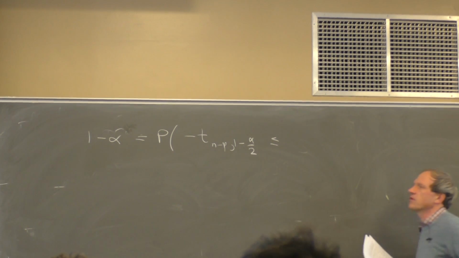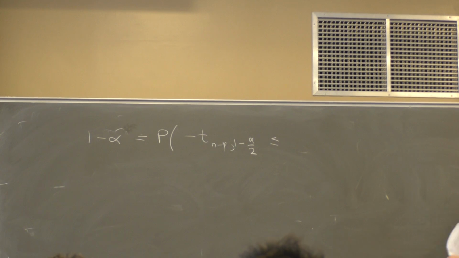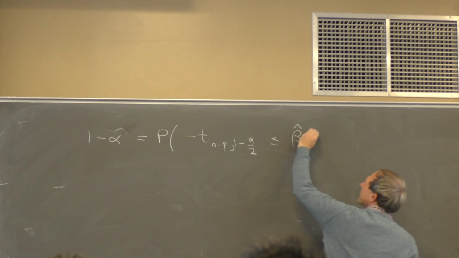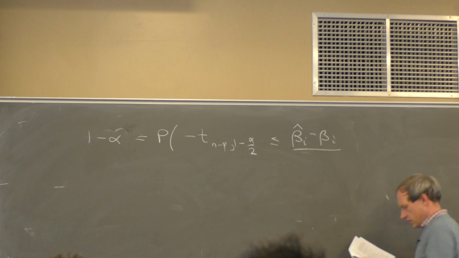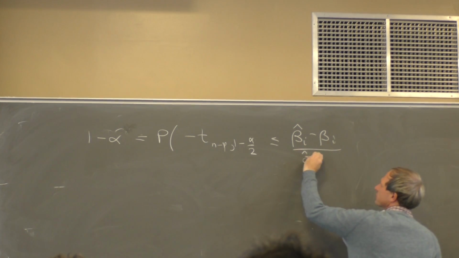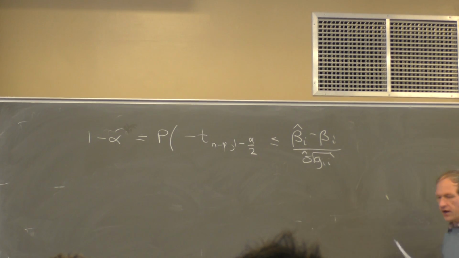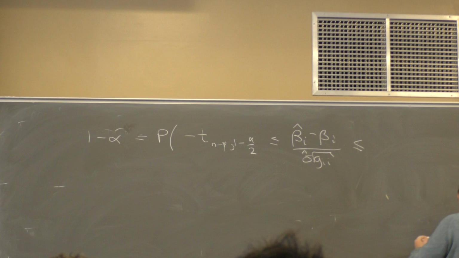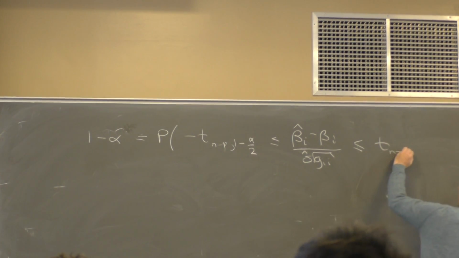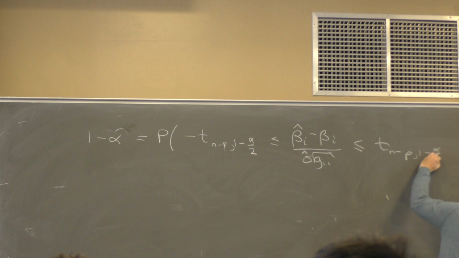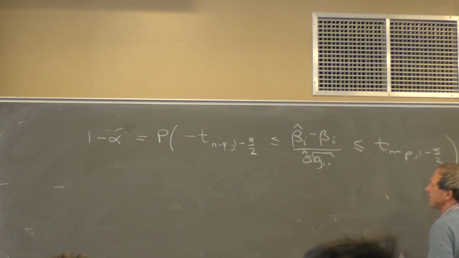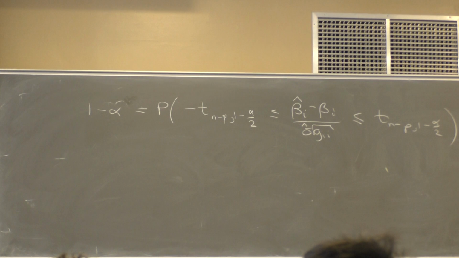Then we've got our quantity which actually has the t distribution: beta i hat minus beta i divided by sigma hat times the square root of g_ii. This is the thing which actually has a t distribution with n minus p degrees of freedom, and that should be less than or equal to the same quantile, but now without the minus sign.